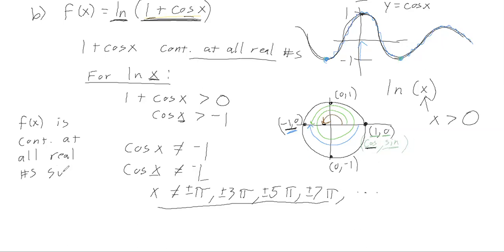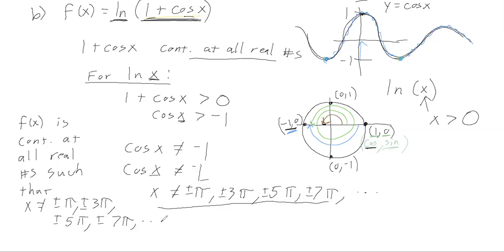such that, now there are different ways to write this, I'm going to write such that x is not equal to plus or minus pi, plus or minus 3 pi, plus or minus 5 pi, plus or minus 7 pi.